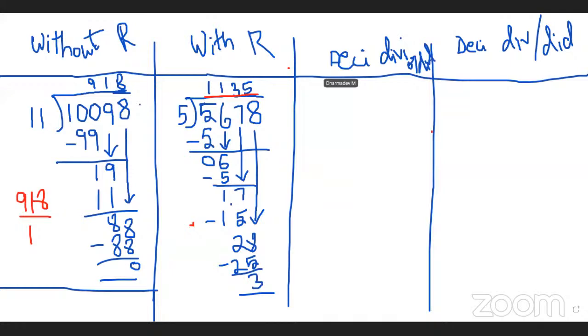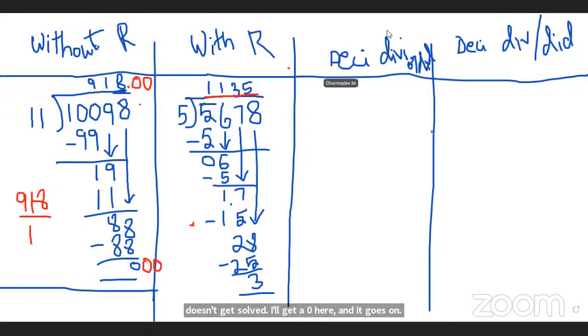The next one is just about the decimal point to be written. When I don't have a remainder and I want to carry on with decimals, I write a 0 here. It doesn't get solved, so I write a 0 again, and it goes on.